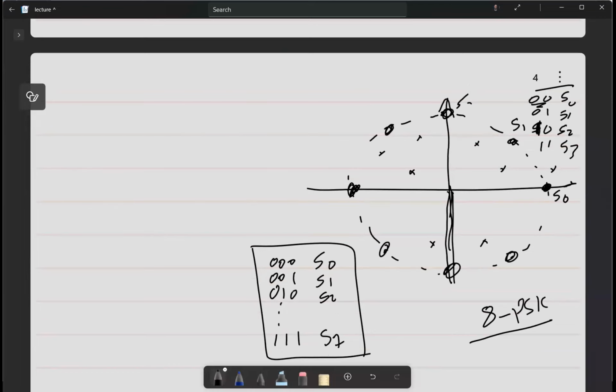You can see here that each symbol is represented by its phase, because the power is the same. The power is represented by the length here, R. If this is voltage, then the power is related to V squared, or R squared, and the power here is fixed.